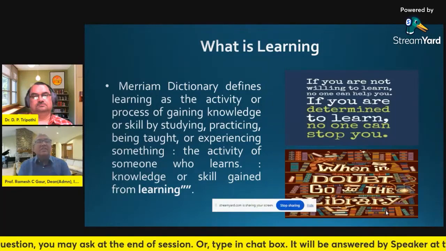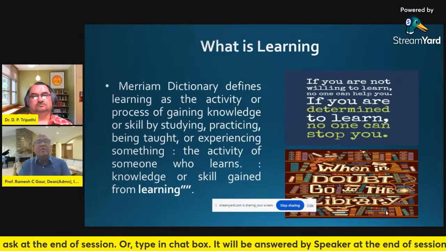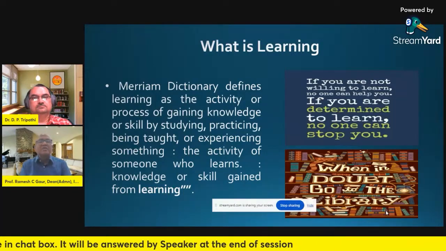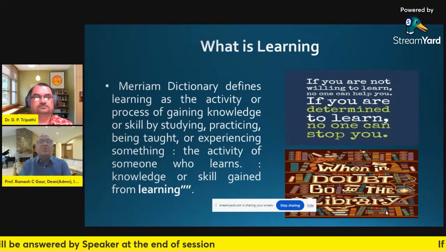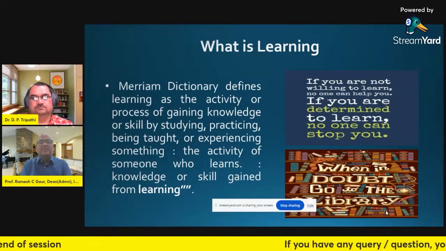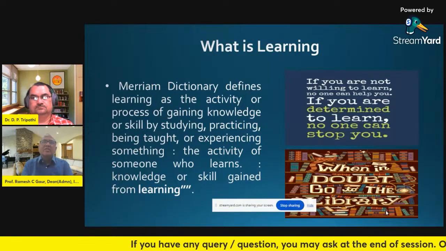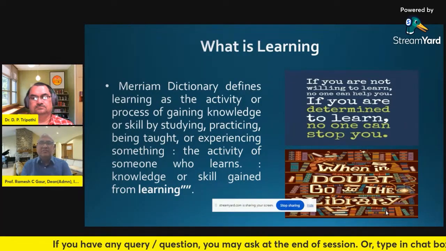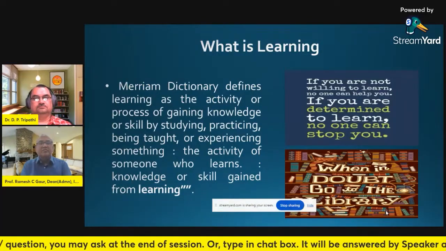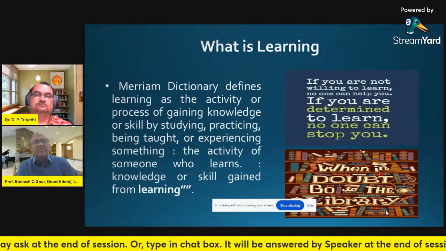See, in this entire definition, being taught is the only engagement with the teacher. Rest all, studying, practicing, experiencing, everything comes under self learning, mutual learning, group learning, not teaching and learning.